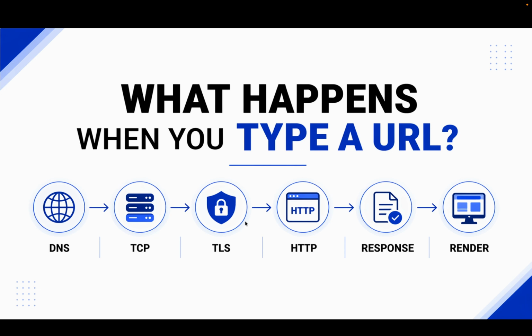In response, the server processes that request and sends back a response, usually in the form of HTML. So the browser asks for the HTML page, and the server sends that HTML page. Once we get the HTML page, our render process starts, and this is the most important process.